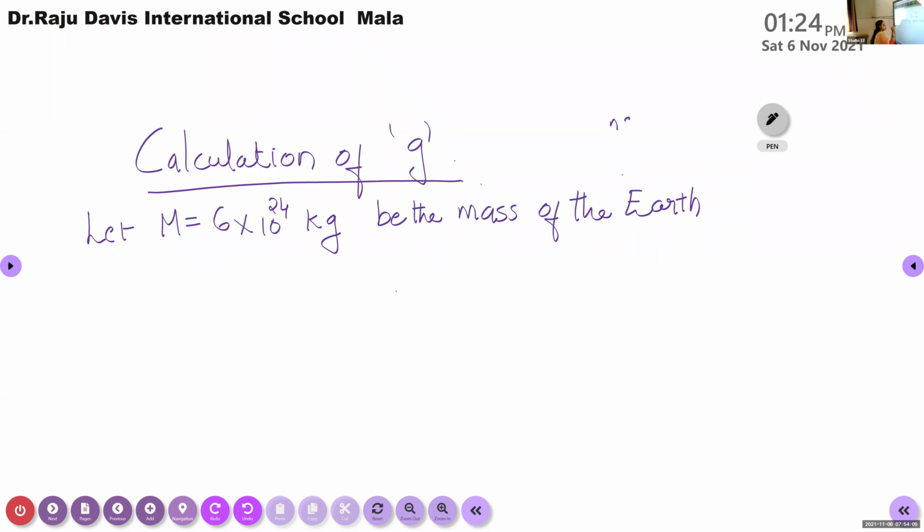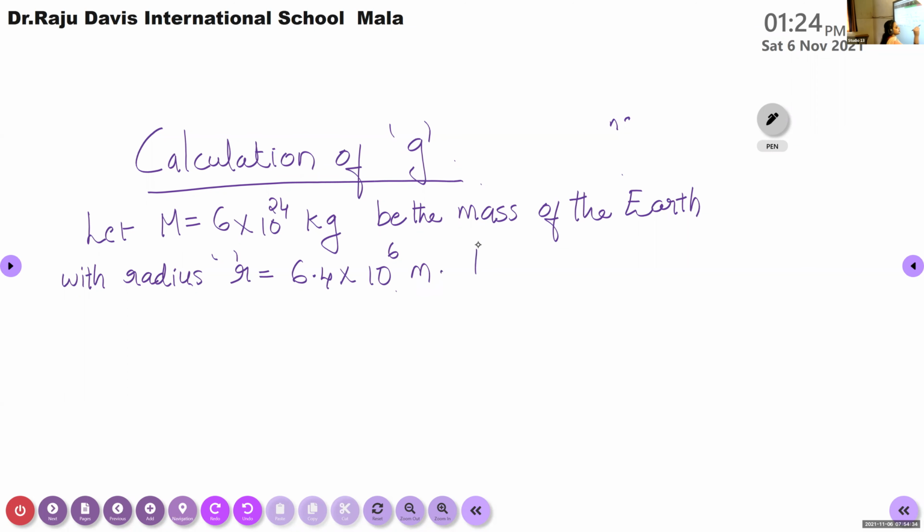With radius R equal to the radius of the Earth, and the mass of the Earth is constant. So the mass of the Earth is 6 into 10 raised to 24 kilogram, and the radius of the Earth is 6.4 into 10 raised to 6 meter.